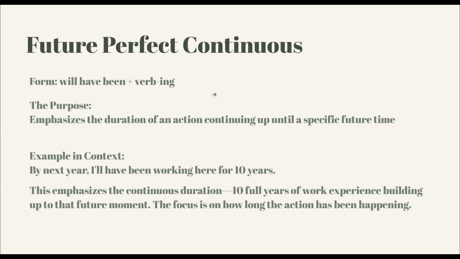It's just the action of you finishing it. You will have finished it. But in future perfect continuous, we focus on the duration. There's an action happening and it's a continuous one. It's continuing on. So I will have been working is the future perfect continuous. I think that made it more clear, because sometimes it can be confusing for some people, and I just wanted to make that clear.